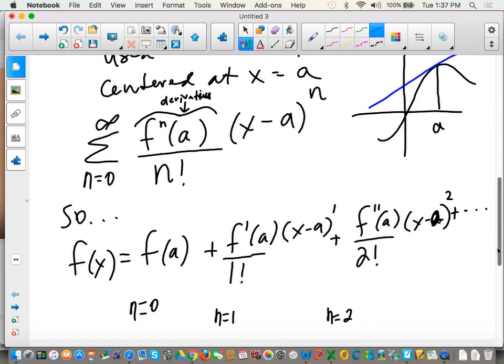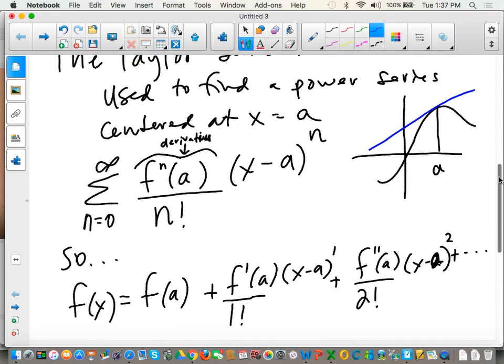If you go to the next term, it's a quadratic that touches at that point, and it's a little better approximation. Then you get a cubic, and slowly, with more and more exponents, you get a better and better approximation, to the point that if you went on forever, it would be an exact match. So it's very cool.